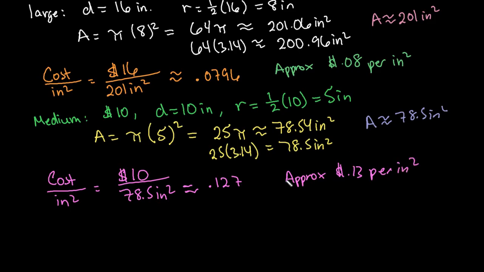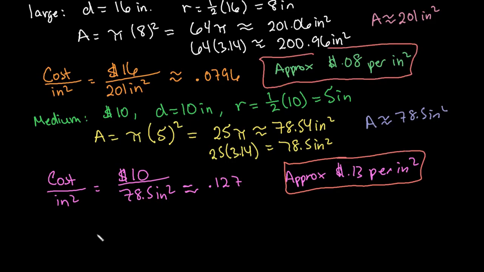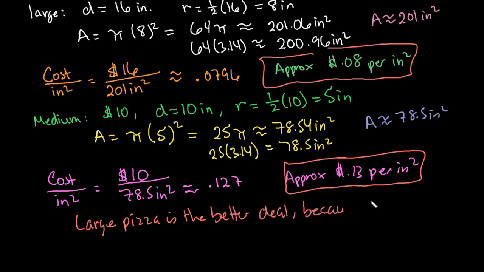If we compare these two values, we can see that the large pizza is the better deal because the cost per square inch is lower.